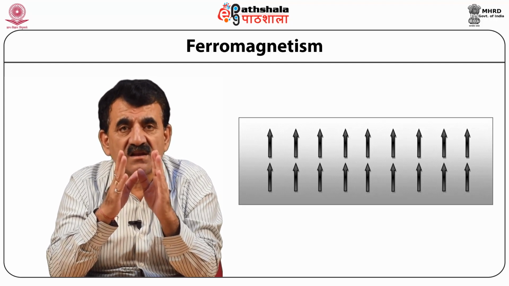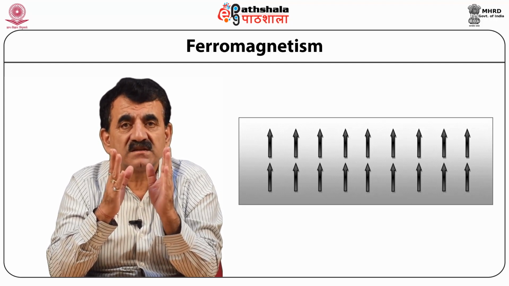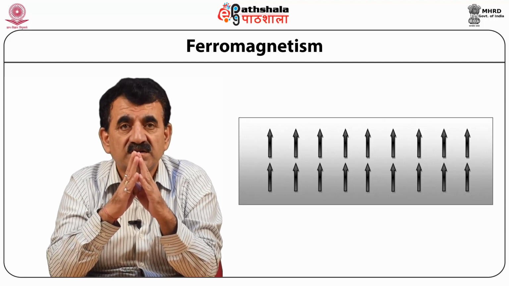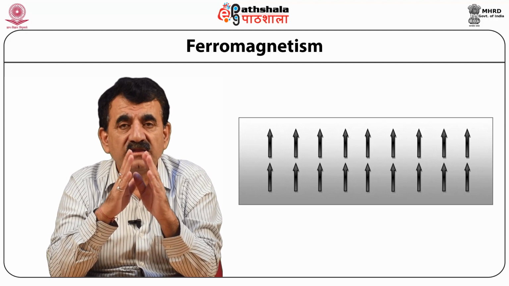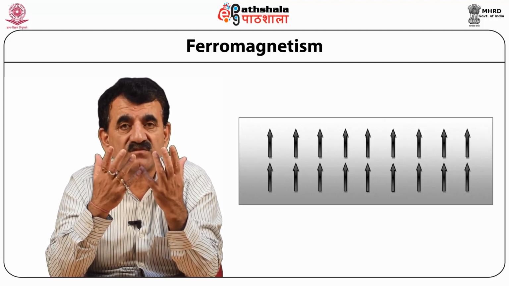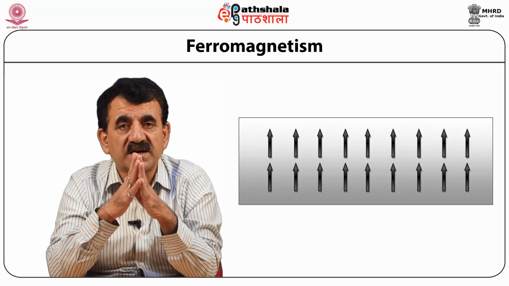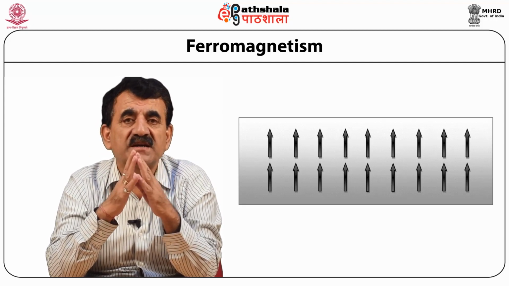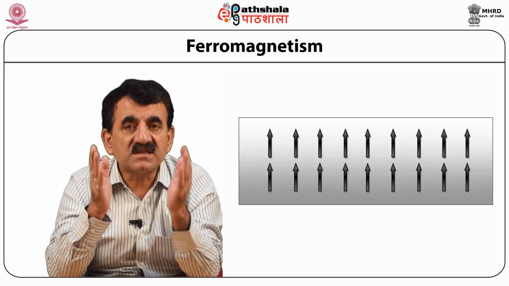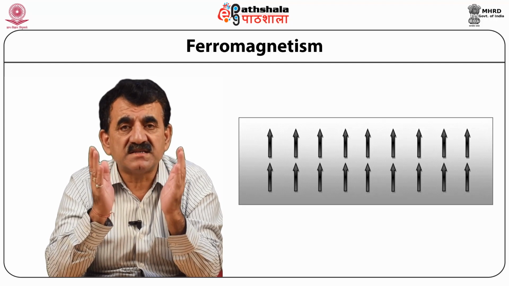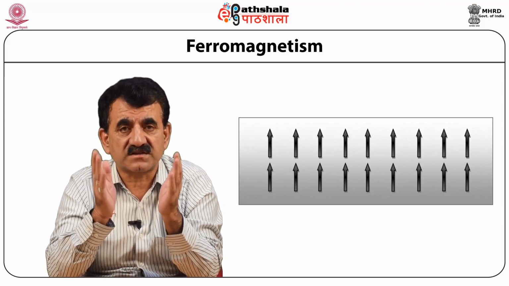The 3d shell experiences a very strong inhomogeneous electric field produced by neighboring ions. This inhomogeneous electric field is called the crystal field. The interaction of paramagnetic ions with the crystal field has two major effects.